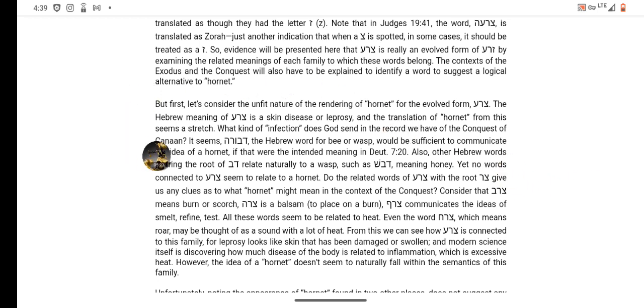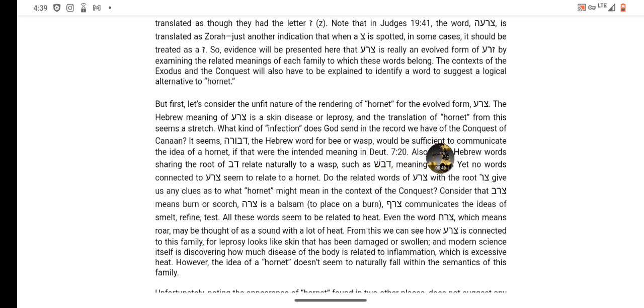But first, let's consider the unfit nature of the rendering of hornet for the evolved form of these group of letters. The Hebrew meaning of these group of letters is a skin disease or leprosy, and the translation of hornet from this seems a stretch. What kind of infection does the Most High Yahweh send?